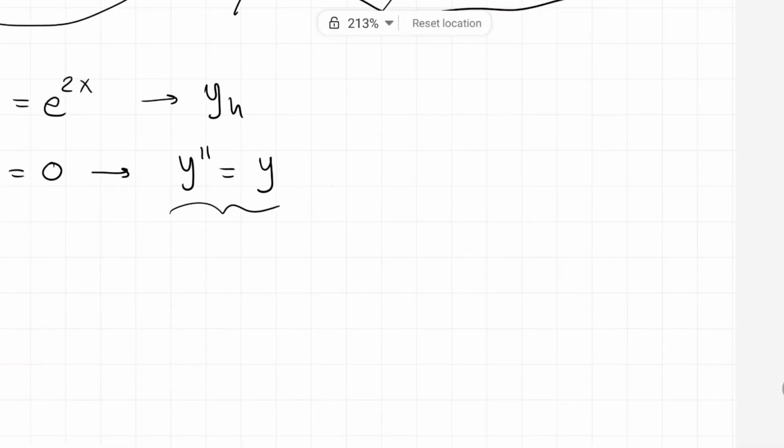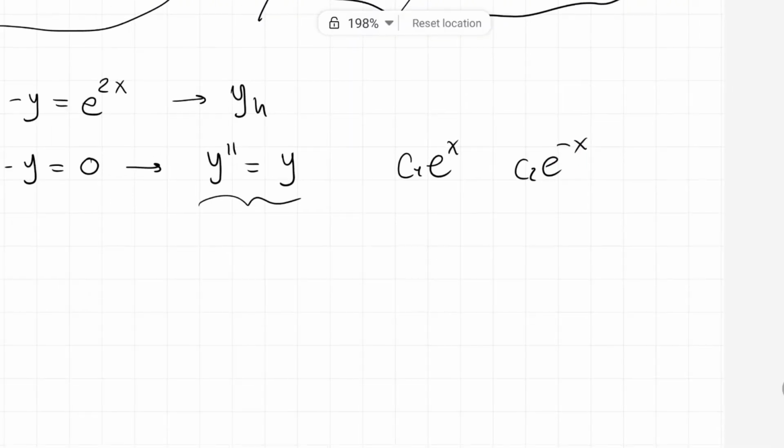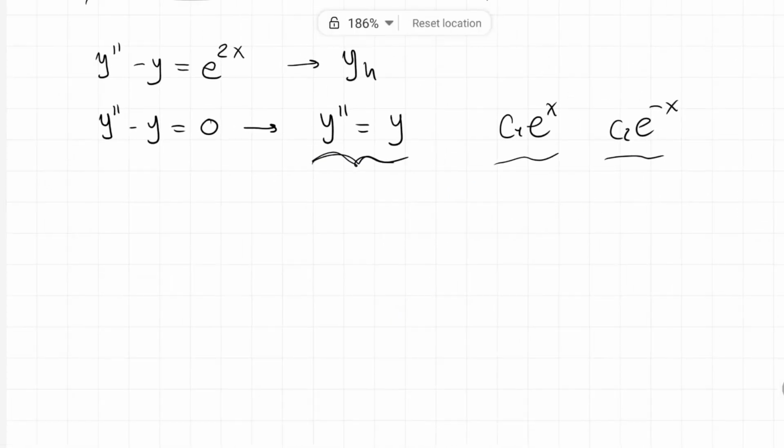Actually, we have two solutions that are going to be of the form c1 e to the x and c2 e to the negative x. It is not very hard to notice that these two functions are solutions of this differential equation. So the homogeneous solution is going to be the linear combination of e to the x and e to the negative x.